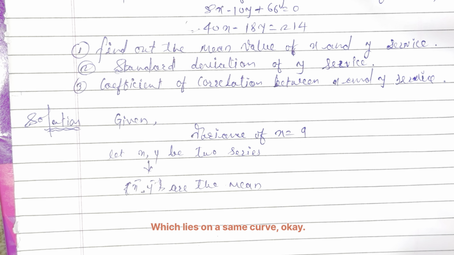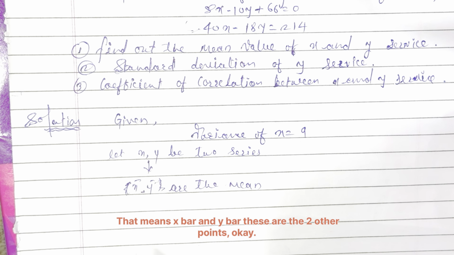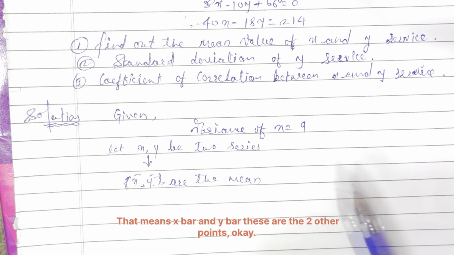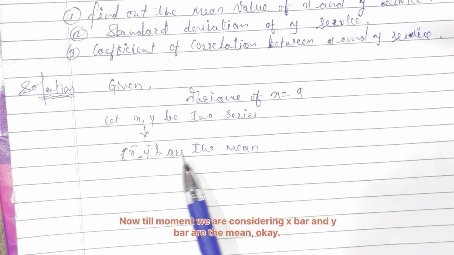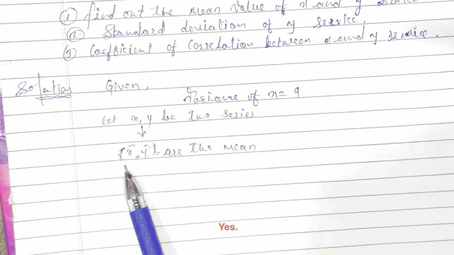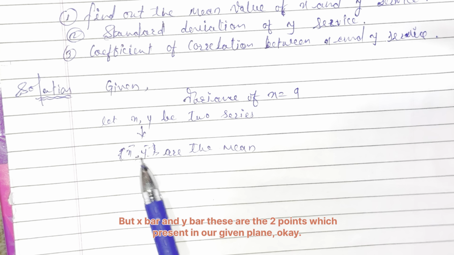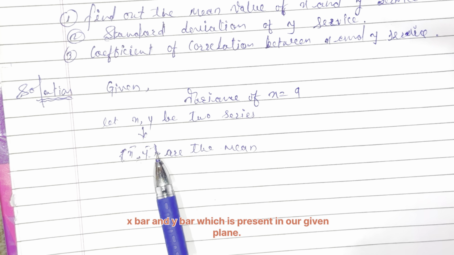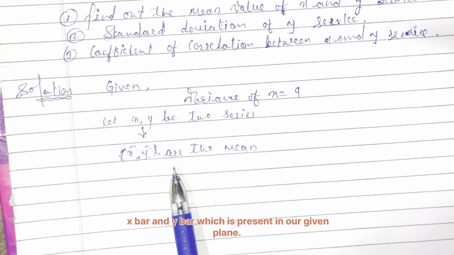That means x bar and y bar are two other points. Till now we considered x bar and y bar as the means, but these are two points which are present in our given plane.